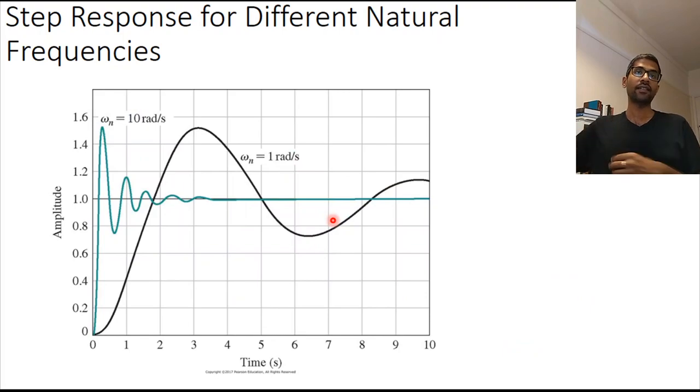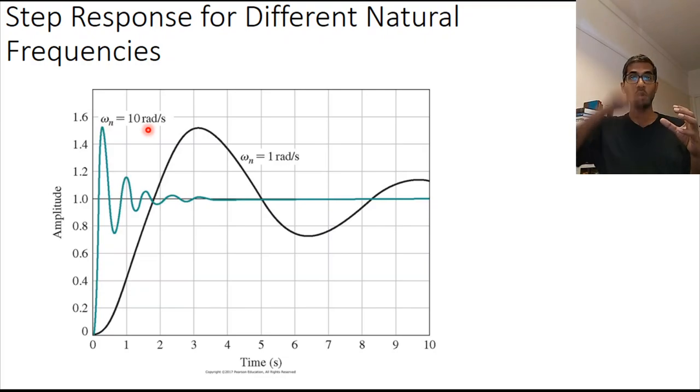So let's look at what happens when you vary natural frequency and damping ratio in a particular control system. The parameter omega n is called the natural frequency. And as you increase the natural frequency, the frequency of oscillation of the signal increases. And you can see that here. So this is omega n equal to 1 radian per second versus the blue trace, which is omega n equal to 10 radians per second.